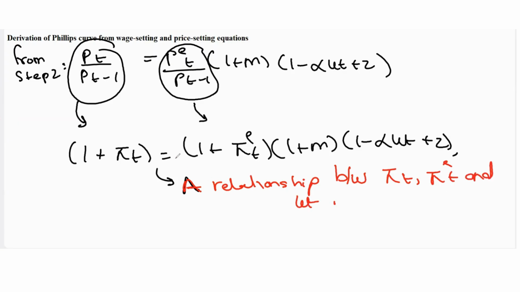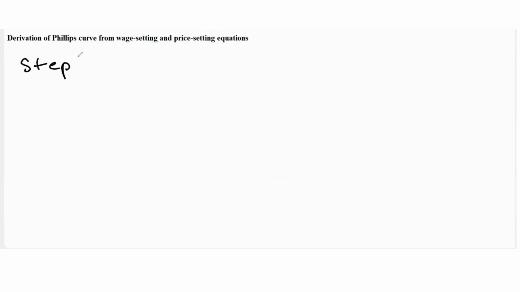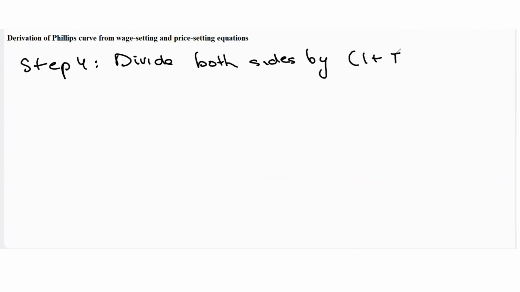So in step two, we just divided both sides by P_t minus 1. Then in step three, we use the definition of π_t and π^e_t to write this equation as a relationship between π_t, π^e_t and u_t. Now step four: we divide both sides of the equation we get in step three by 1 plus π^e_t times 1 plus m.